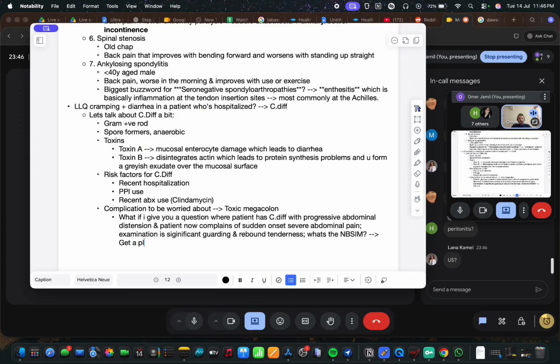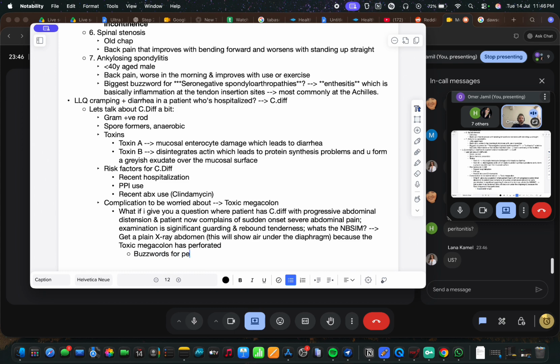Get a plain X-ray abdomen. This will show air under the diaphragm because the toxic megacolon has perforated. Okay, buzzwords for perforation or peritonitis. Perforation leads to peritonitis, obviously, which is basically guarding, rigidity, and rebound tenderness.